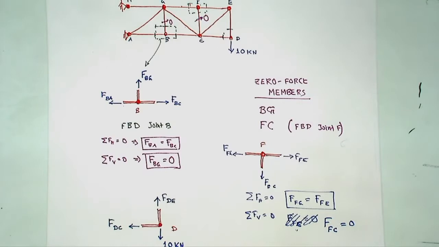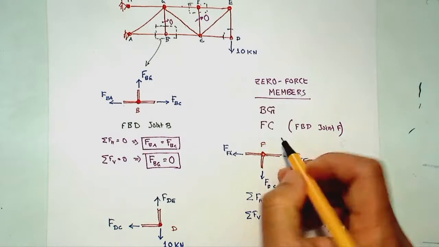So summation of vertical forces 0 will give me FDE is equal to 10 kilonewton, because that is balancing each other. So FDE is in tension. But if you do summation of horizontal forces 0, that will give me FD2C is 0.